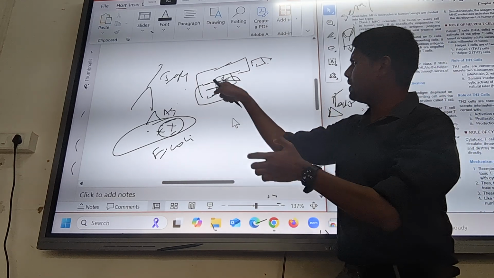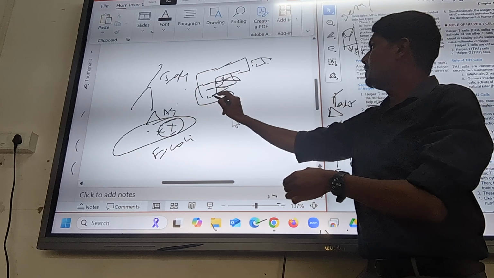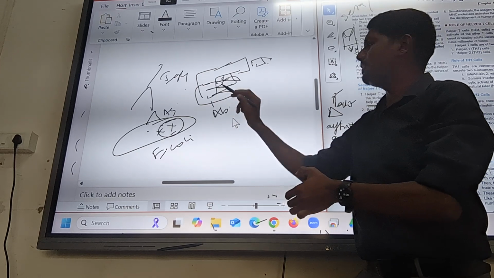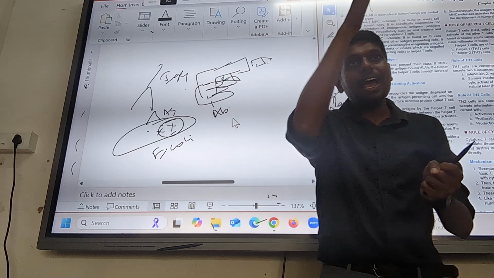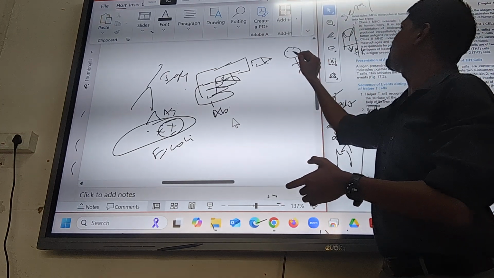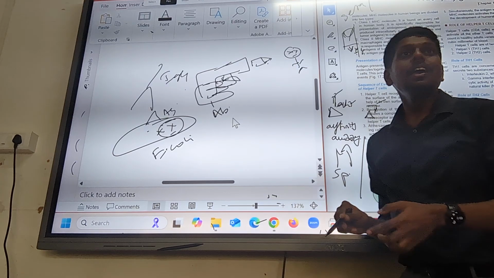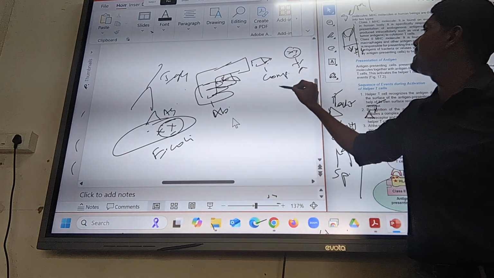The person who is aiming, that aiming is given by the antibody. It will only aim the gun towards the pathogen. But the actual killer is the bullet. This bullet will kill the pathogen. That bullet is the complementary proteins.